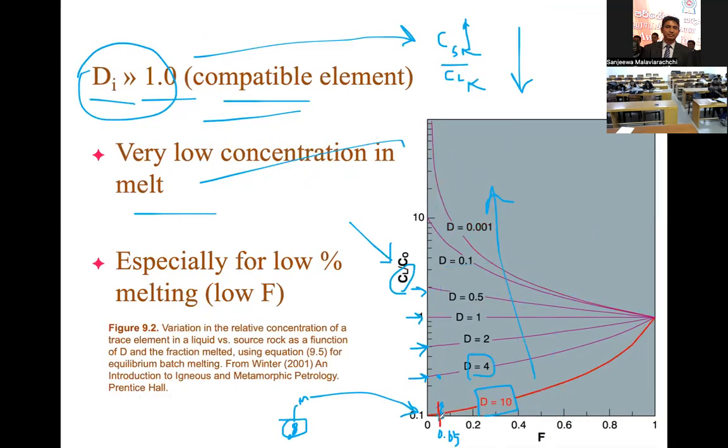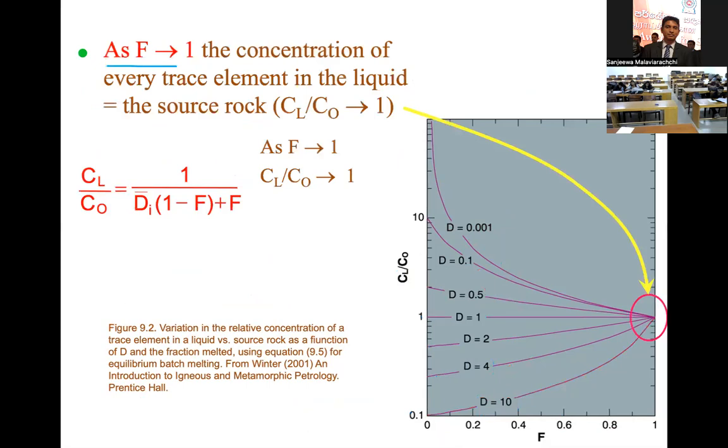We just considered a fixed value and varied the partition coefficients for two cases, incompatibles and compatibles. Now let's see the same graph when you keep on increasing the melting fraction. When we increase F, the concentration of every trace element in the liquid will definitely change.